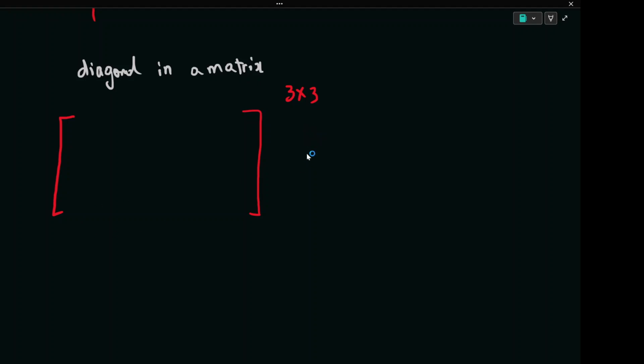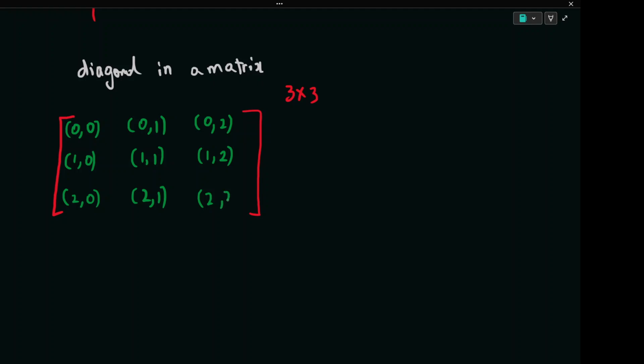I'm not going to fill it, I'm just going to write down the positions. This will be 0, comma 0, this 0 comma 1, this 0 comma 2, then 1 comma 0, 1 comma 1, 1 comma 2, then 2 comma 0, 2 comma 1, and 2 comma 2.